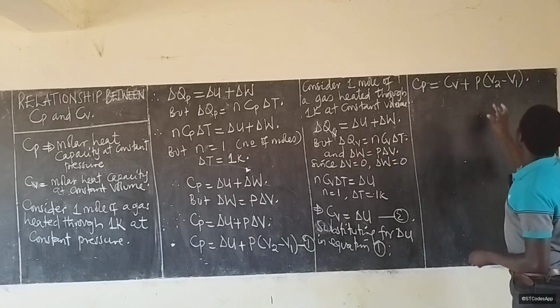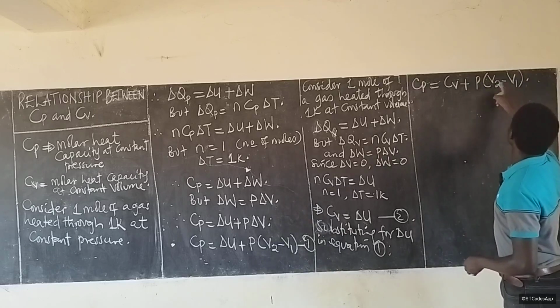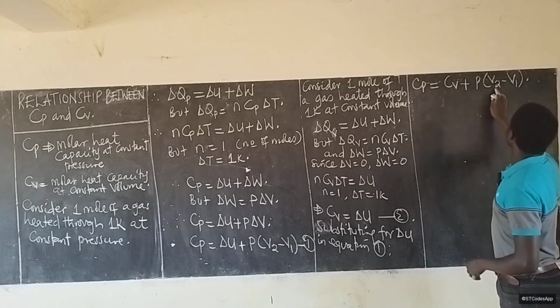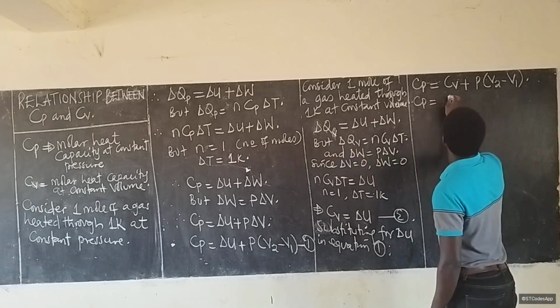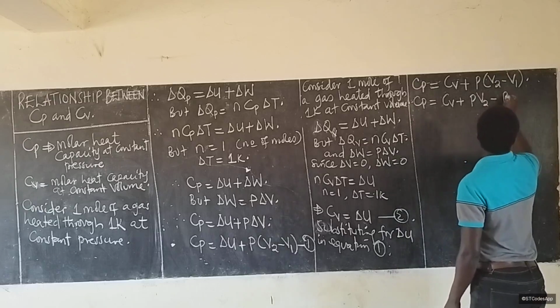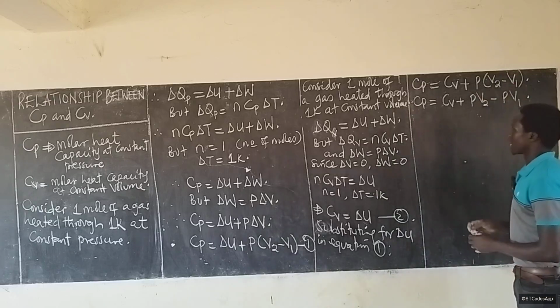In our expression we don't have this V2, V1, or even P at the end, so all of it will disappear, and we have to express this. So ideally I have C_P equal to C_V plus PV2 minus PV1 when I open this bracket.